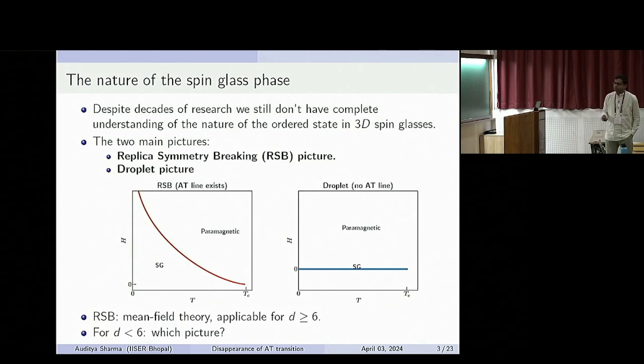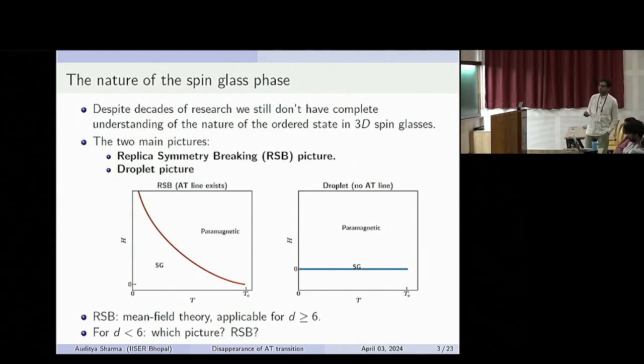Mike Moore and co-workers have argued, using a bunch of theoretical arguments, in works by Bray and Moore, and then other papers in this domain in the last decade or so, that D equal to 6 might be a critical dimension, below which the RSB should fail.